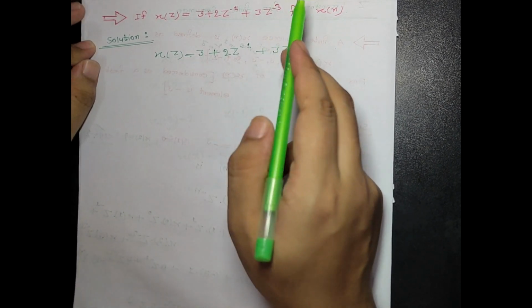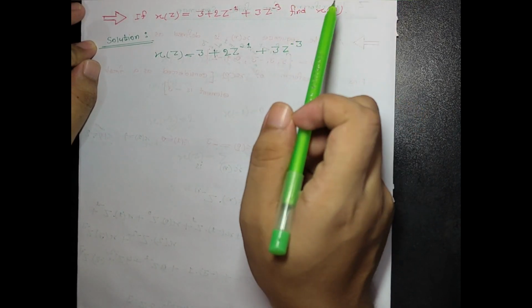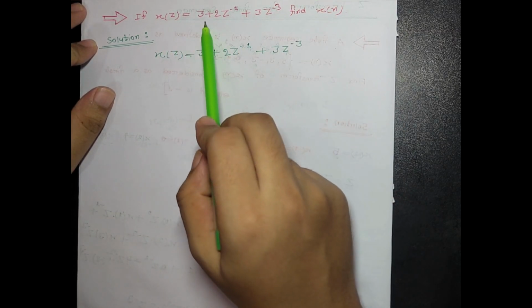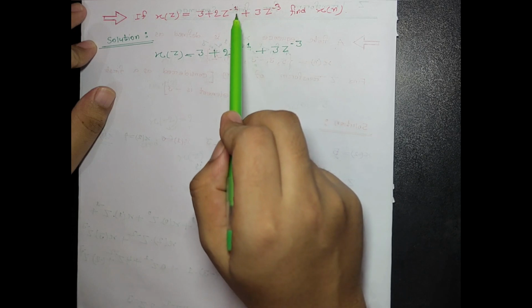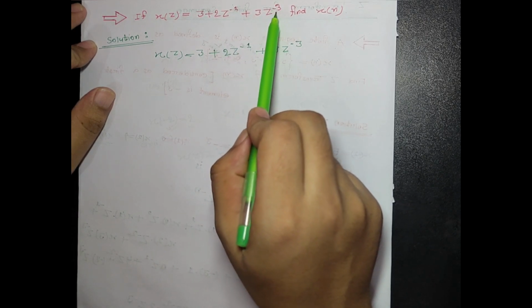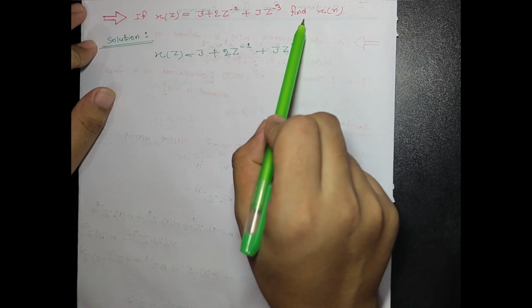This is another problem on inverse z transform. If x of z equal to 3 plus 2 into z inverse plus 3 into z to the power minus 3, find x of n.